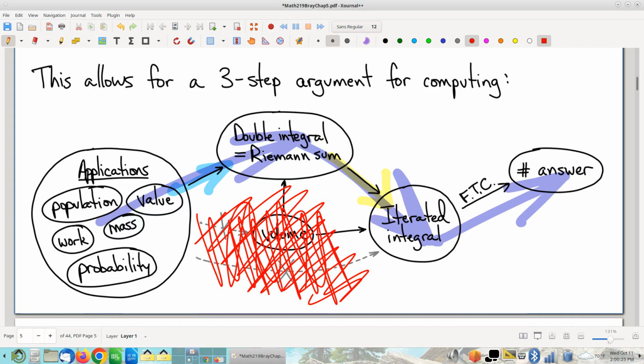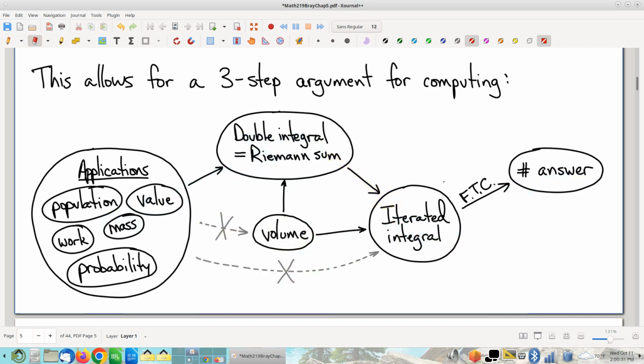Okay, so when we're solving problems like this, I want to point out this really is a three-step process, and I need to see all three of the steps. I'm going to need to see in your solutions that you relate the application in question to a double integral, specifically a double integral. I'm going to show you a bunch of examples.